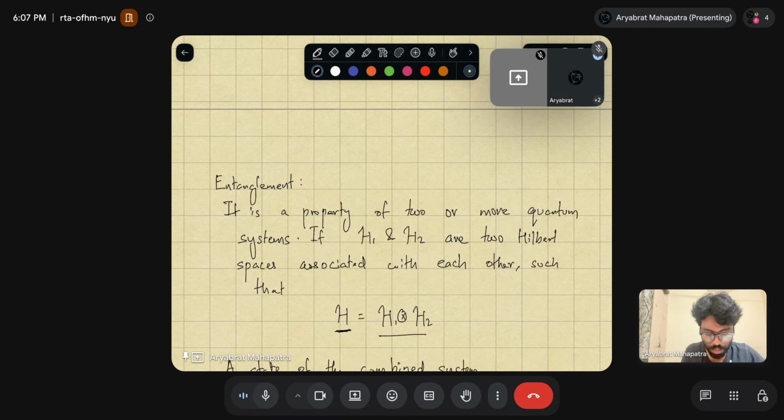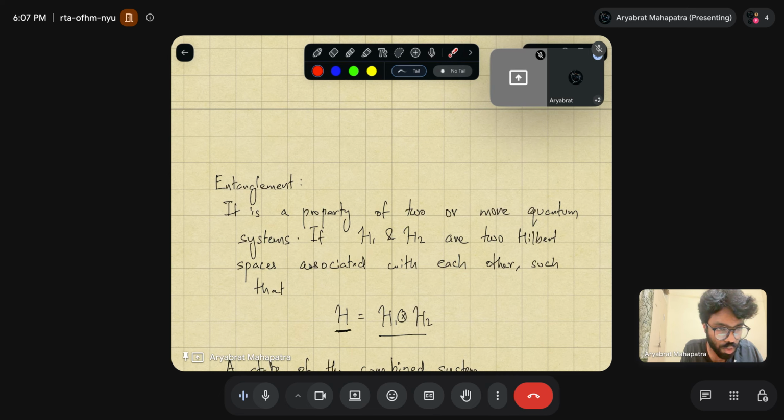So what is this entanglement? Some background of ideas before understanding entanglement: if you have two or more quantum systems, and they are described by two Hilbert spaces.